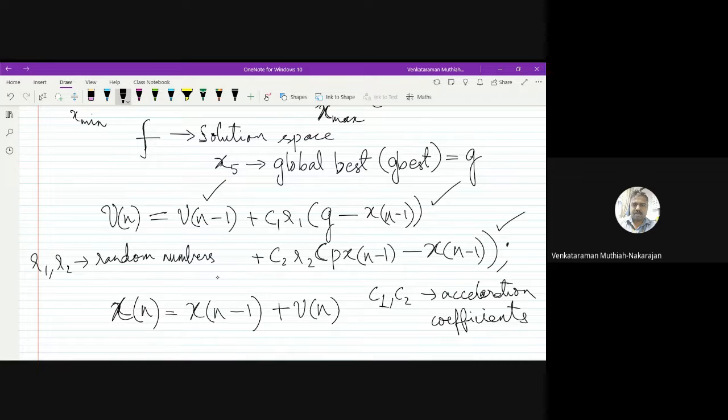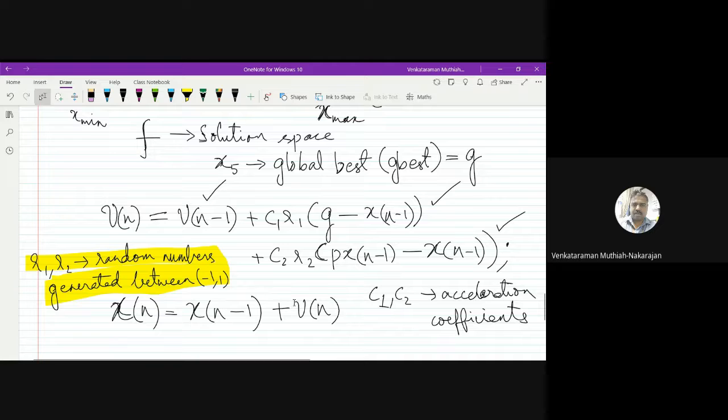In this case, our random numbers are generated uniformly between -1 and 1. And after finding that velocity, you add it to the point.